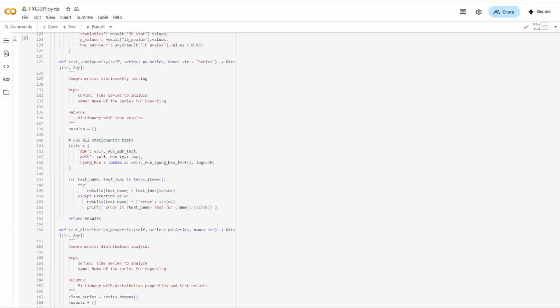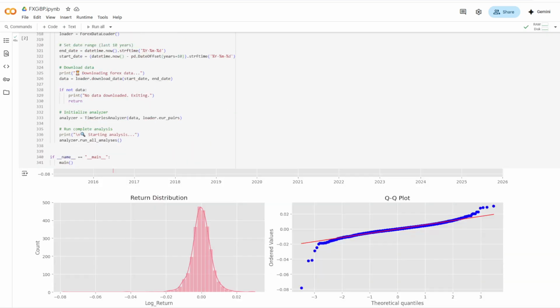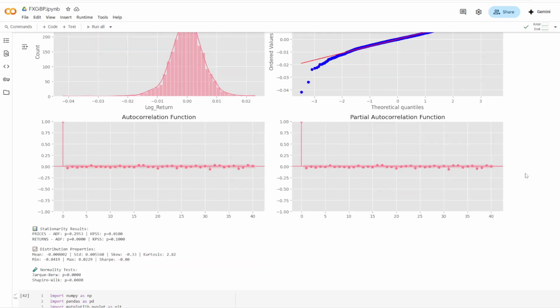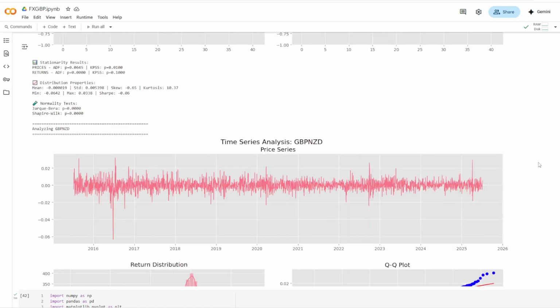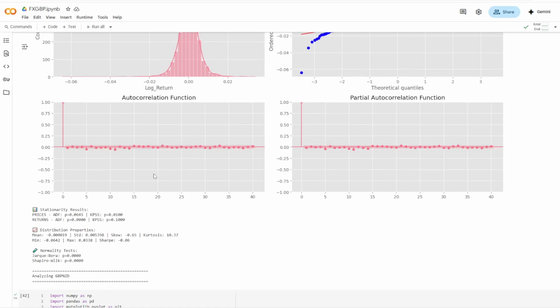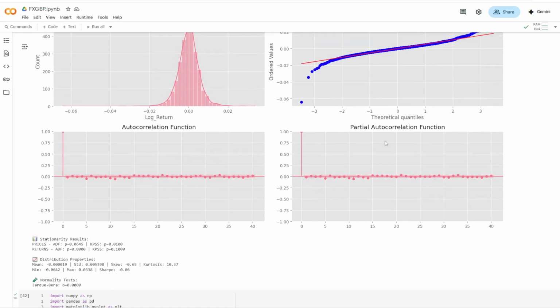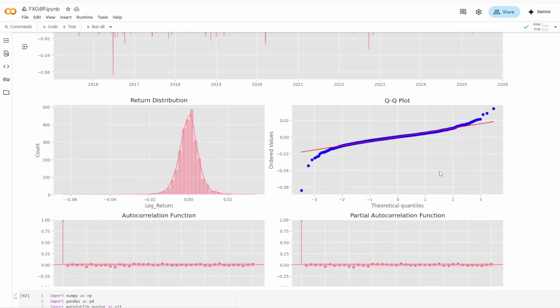Okay, so let's see what more we have. We can have a proof of concept when we analyze the autocorrelation and the partial autocorrelation function of currencies.